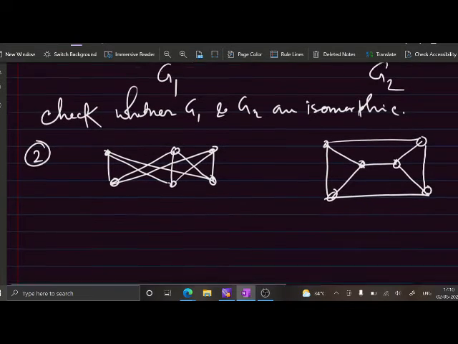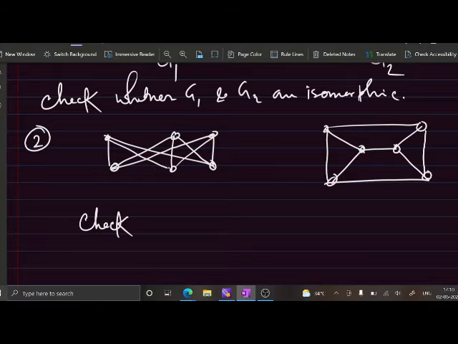Okay, so check whether they are isomorphic.